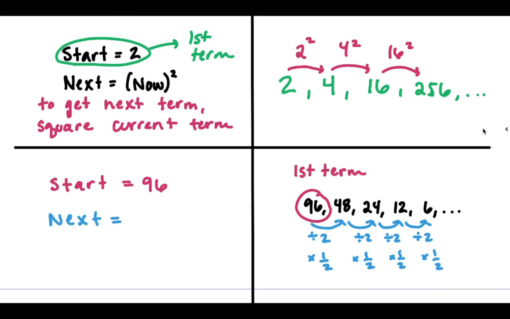To get the next term, we take the now term and we divide it by 2. Okay, that's totally fine. That totally works. If we want to think of it as a multiplication, you could write it this way. You could say, to get the next term, you take the now term and you multiply it by 1/2. These are the same, so either is fine.